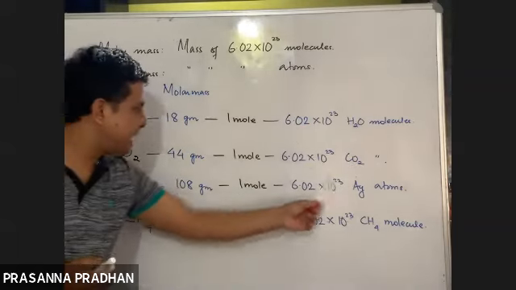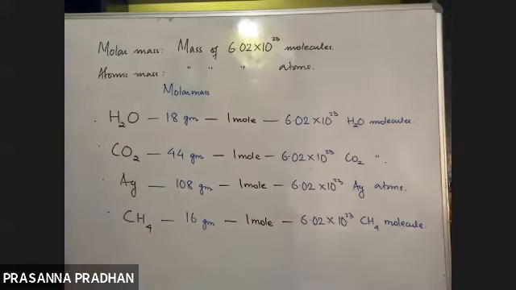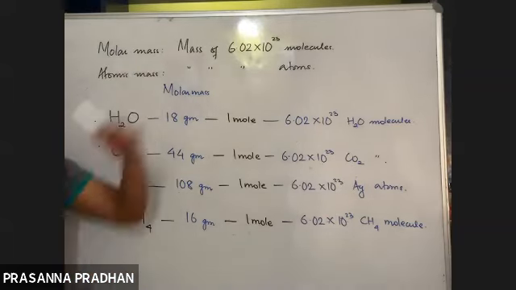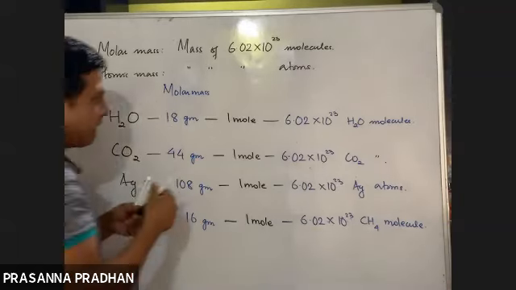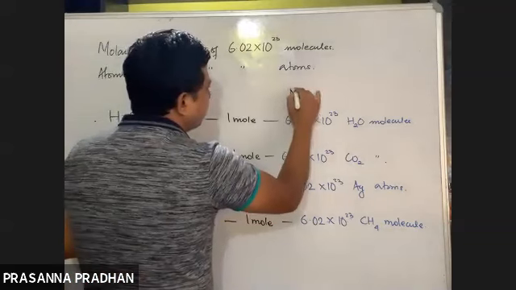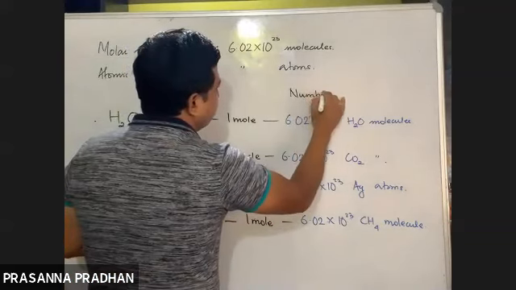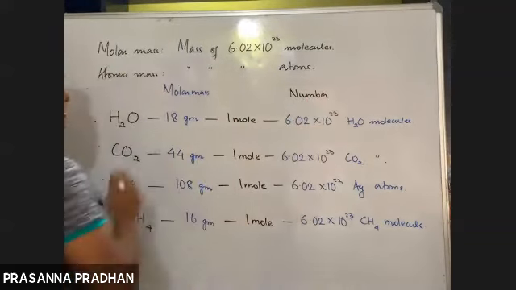Avogadro number of silver atoms weighs 108 gram. So molar mass is the mass of Avogadro number of molecules, and atomic mass is the mass of Avogadro number of atoms. So we have related two concepts of mole here: mole in terms of mass, and mole in terms of number. Both of these signify the same quantity, mole.